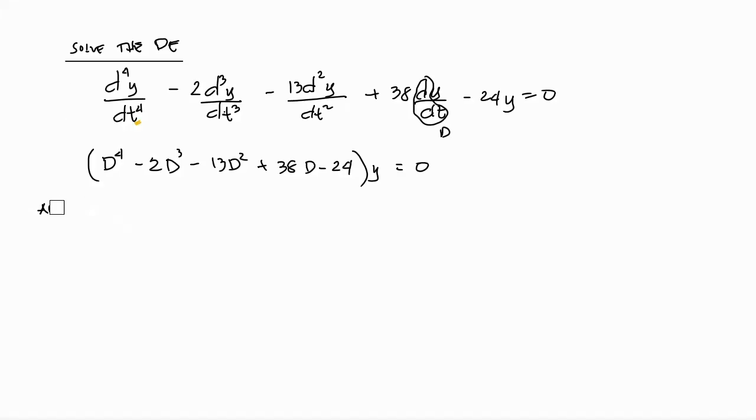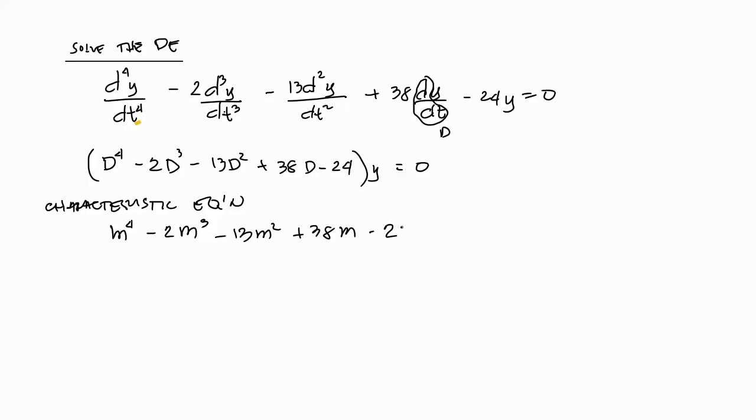Let me use the other term for auxiliary equation, which is the characteristic equation. So we have m^4 minus 2 m cubed minus 13 m squared plus 38 m minus 24 equal to 0.